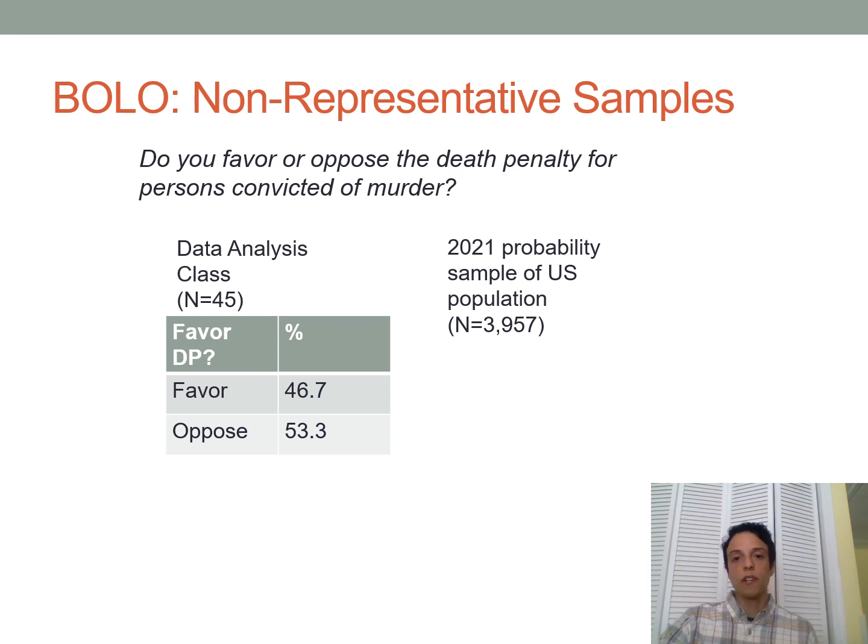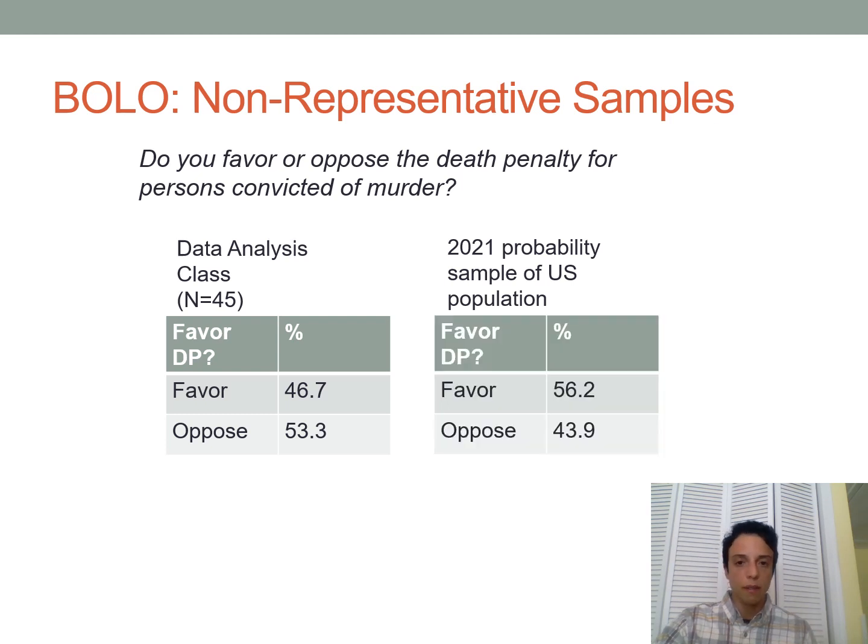This exact same question has been asked to people in a representative sample of the US population many times, and it was asked most recently in 2021. This is from a survey called the General Social Survey. When asked of a representative population sample, we get the exact opposite set of results.